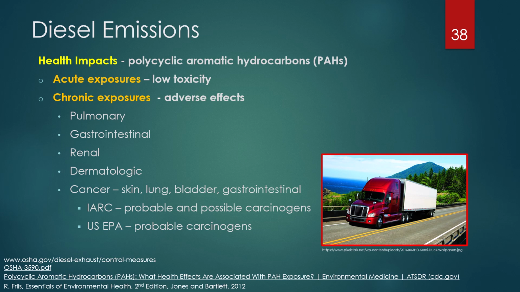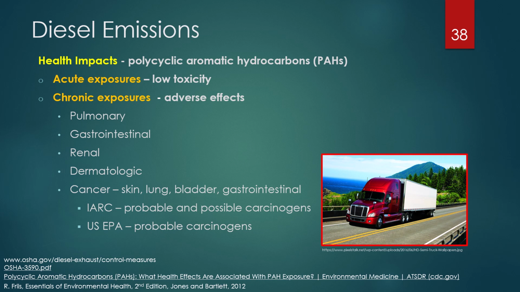PAHs generally have a low degree of acute toxicity for humans. After chronic exposures can result in pulmonary, gastrointestinal, renal, and dermatologic signs and symptoms. Metabolites of PAHs can be potent mutagens that have been shown to cause cancer in laboratory animals.